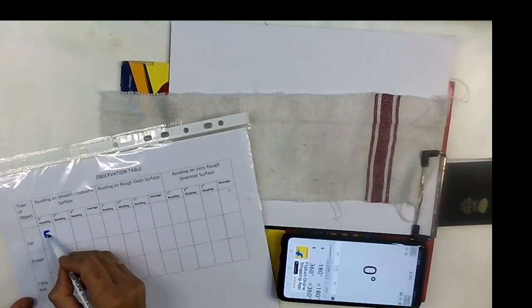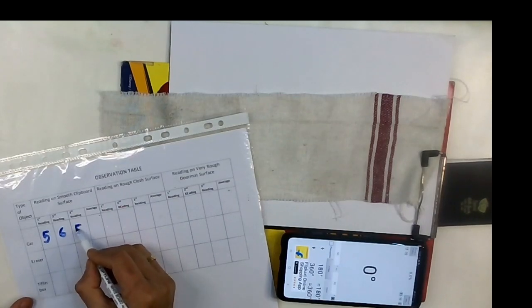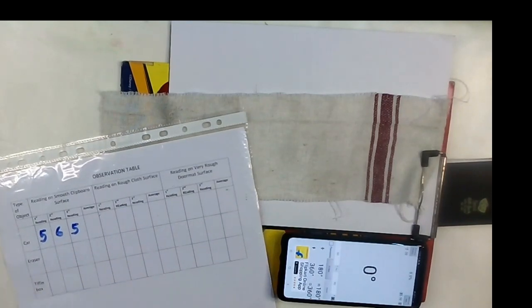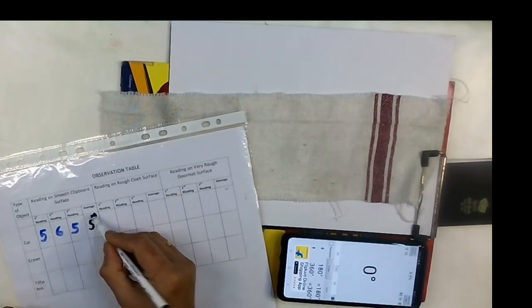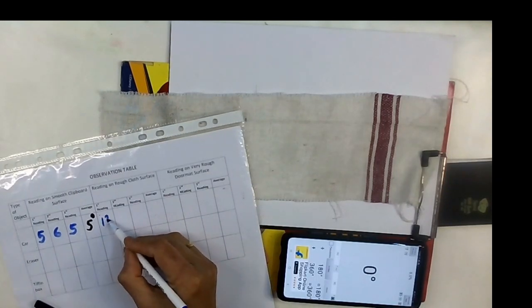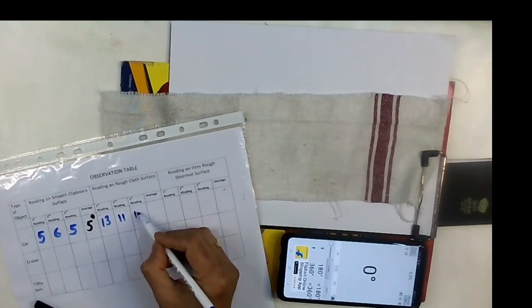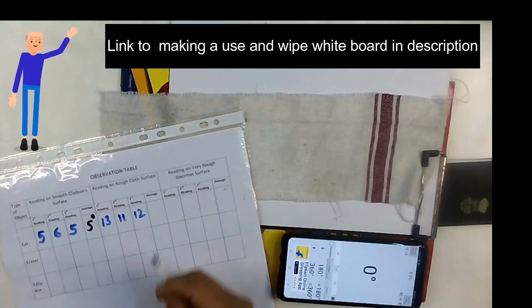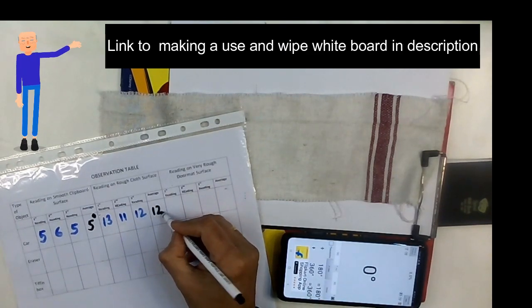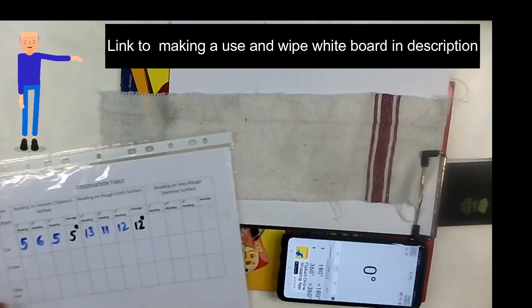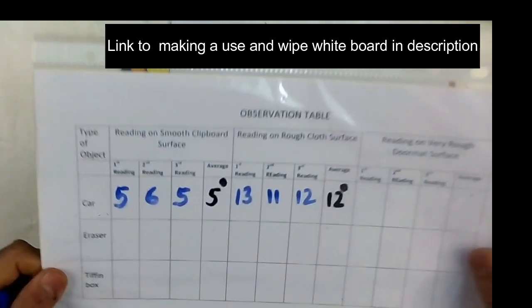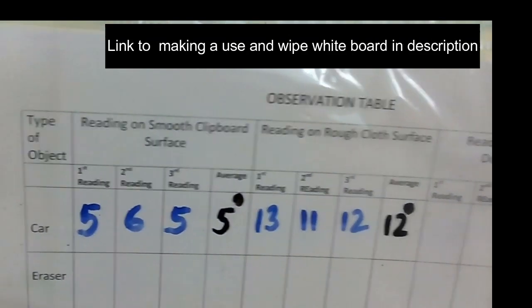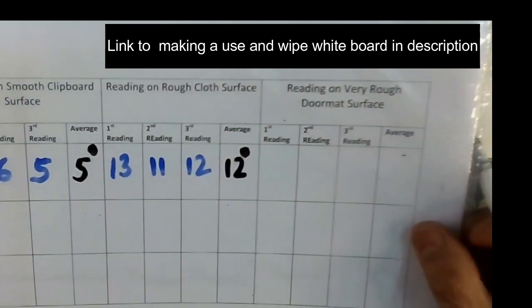So 5, 6, 5, average was 5 degree. 13, 11, 12, average was 12 degree. We should fill up the table as we go because later on you may forget.